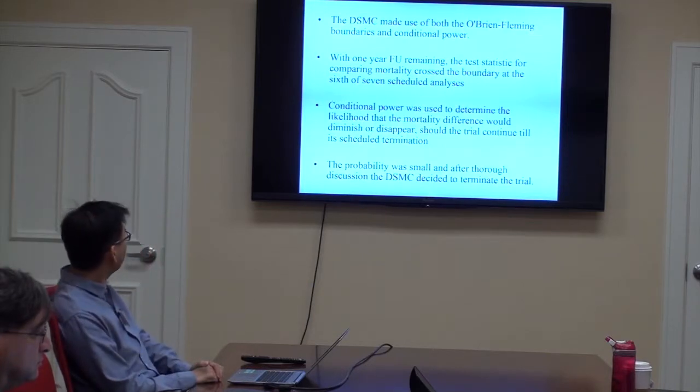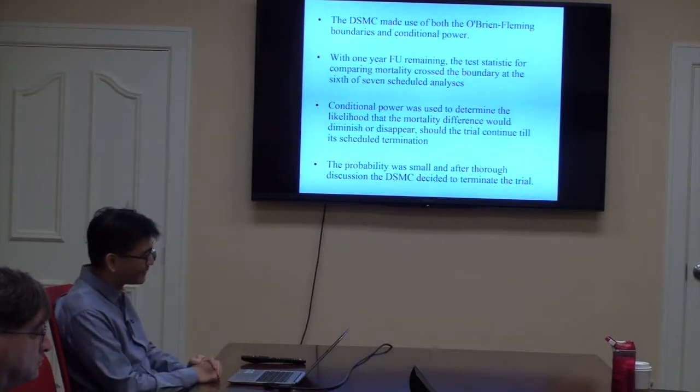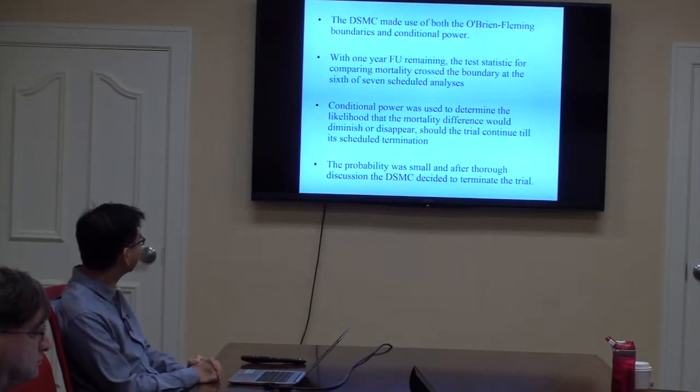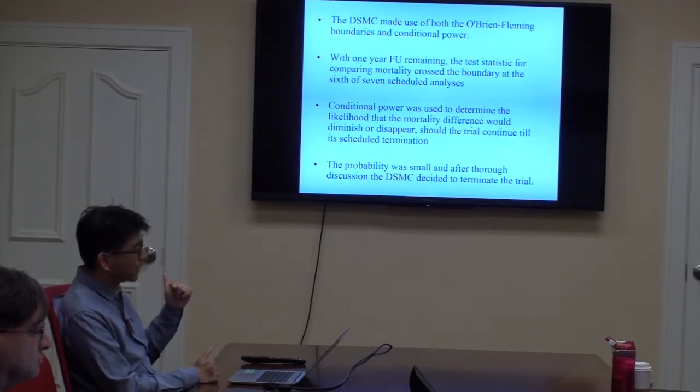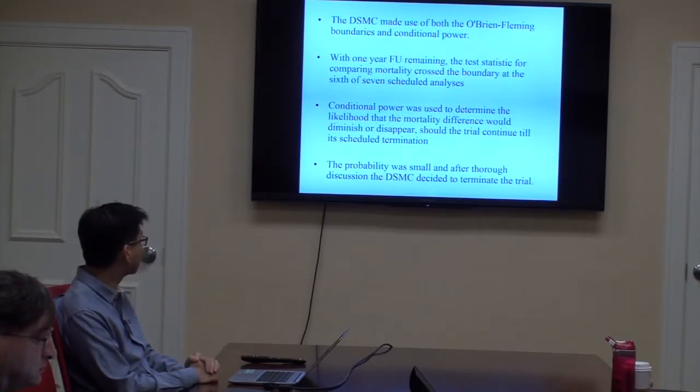But what happened is, it's good to have a DSMB that makes the decisions and gives some clarity to the issue. First of all, because the observed Z value crossed the stopping boundary, there's a justification for why we want to stop.